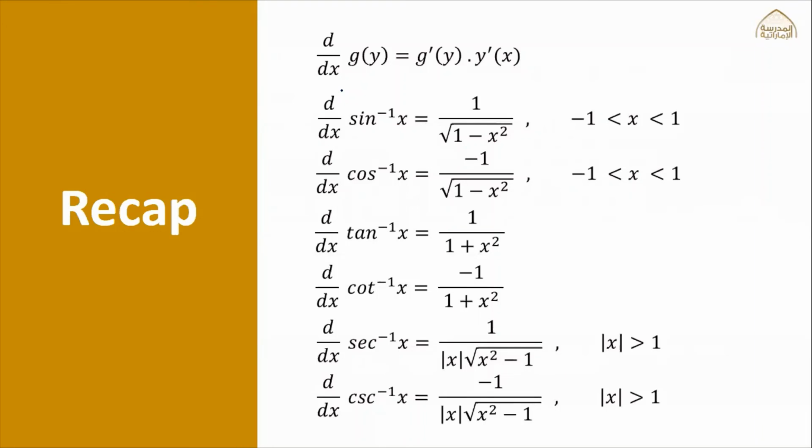The derivative of tan inverse is 1 over 1 plus x squared, and the derivative of cot inverse is minus 1 over 1 plus x squared. The derivative of secant inverse is 1 over absolute x times radical x squared minus 1, with absolute x greater than 1. Also, the derivative of cosecant inverse is minus 1 over absolute x times radical x squared minus 1, with absolute x greater than 1.